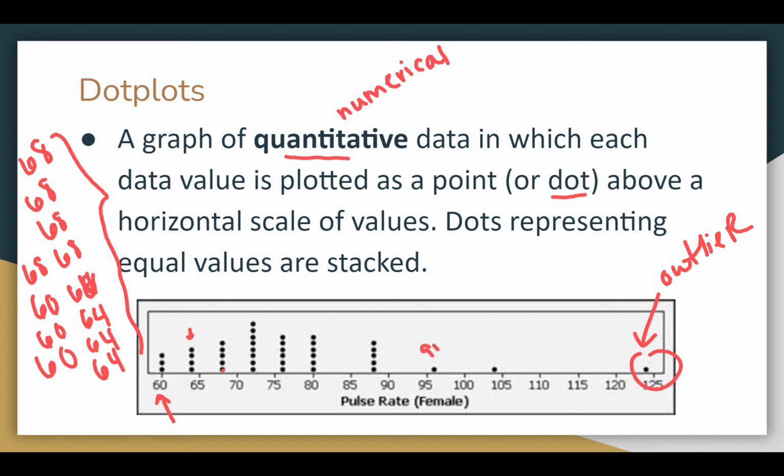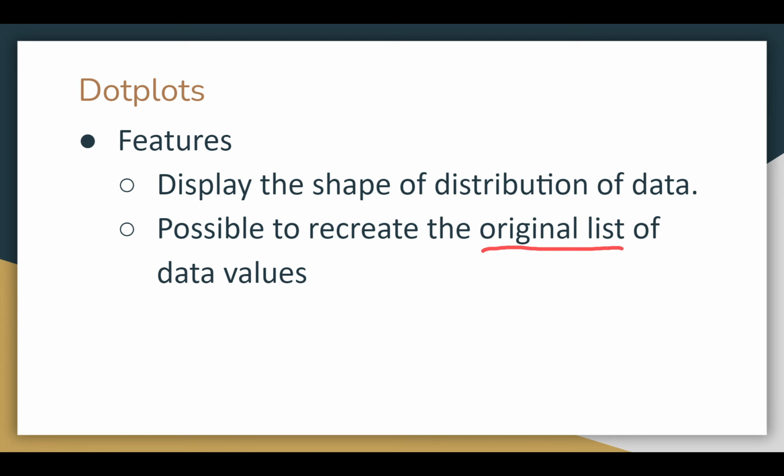We can have a 96, a 104, a 124. This would be 88, and you would have that 5 times. So you see we're able to write all of the data pieces.